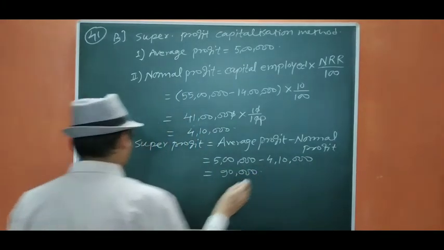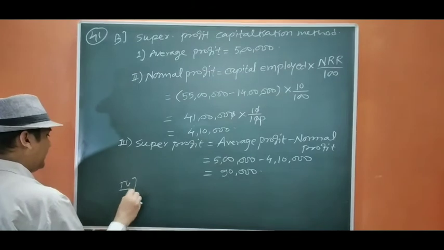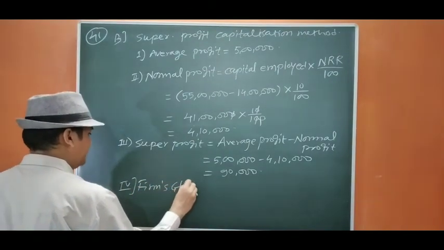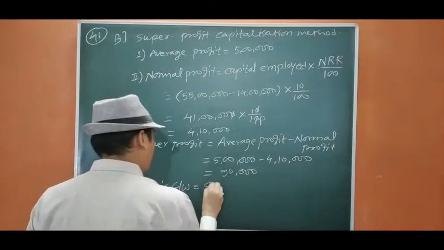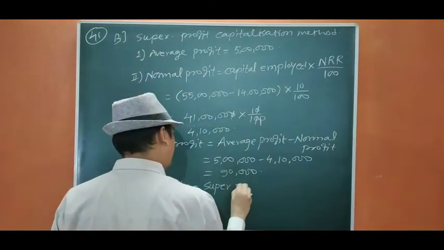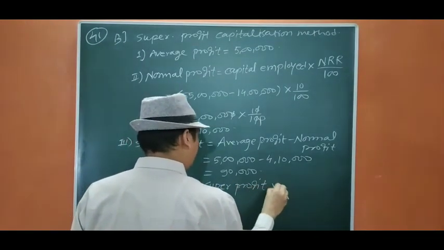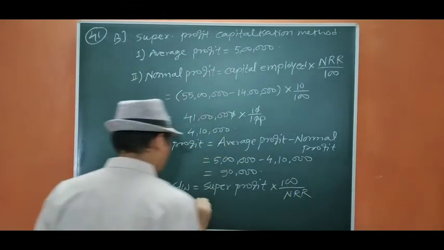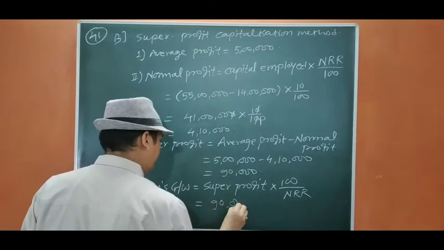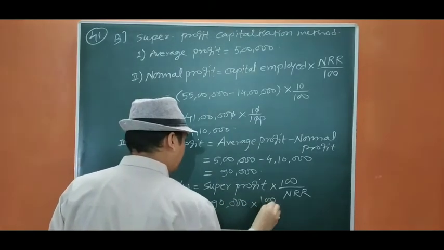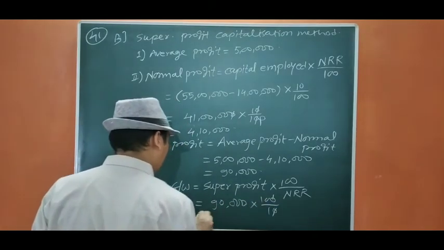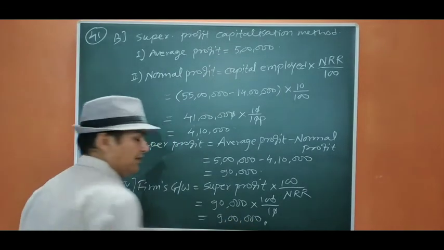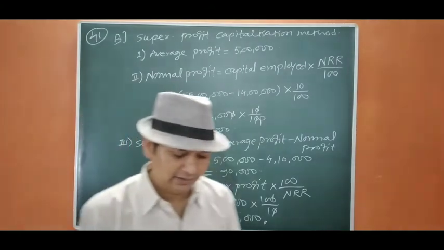Okay, now we are going to find out the fourth, goodwill. Goodwill equals to super profit into 100 upon 10, so 90,000 into 100 upon 10, so that will be 9 lakh. In both the answers 9 lakh is same, that means answer is same.